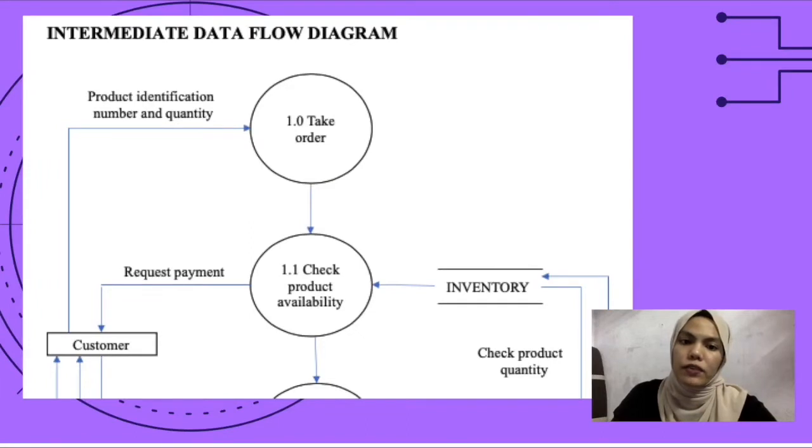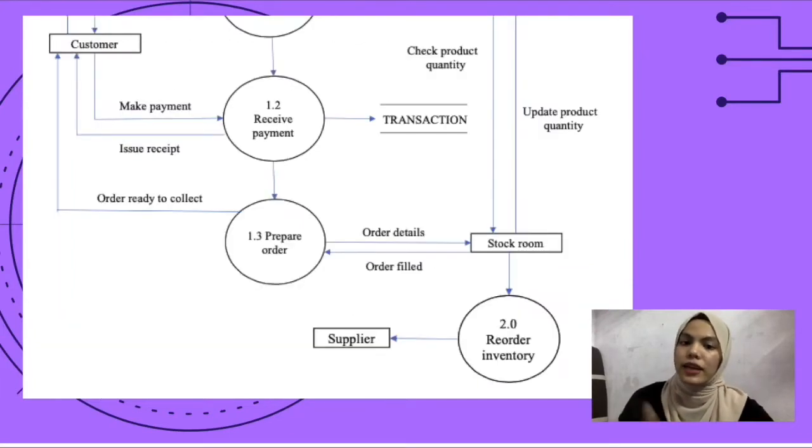When a customer makes an order, we take the order by the customer passing the product identification number and the quantity desired by them, and then we check the product availability with the inventory list file. When the inventory is available, the system will request payment from the customer, and when the customer makes payment, we will issue a receipt for them.